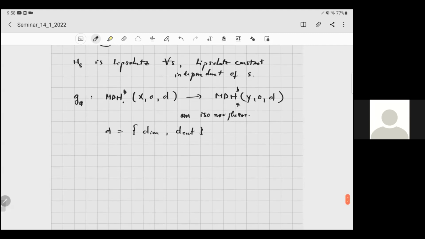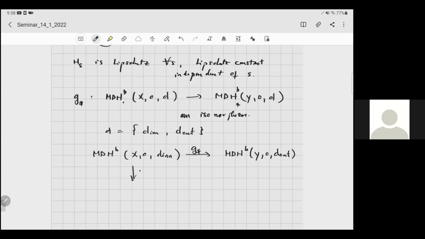So then we have the commutative diagram. MD homology of X0 with the inner metric goes here to MD homology of X0 with the outer metric. And here we have, no, this is Y, sorry.